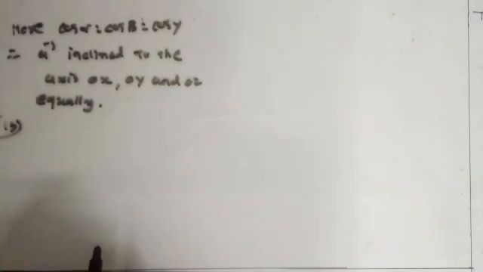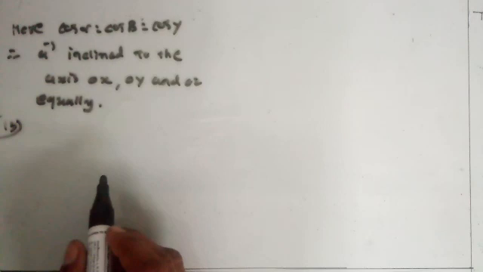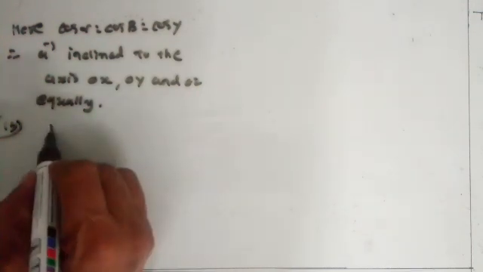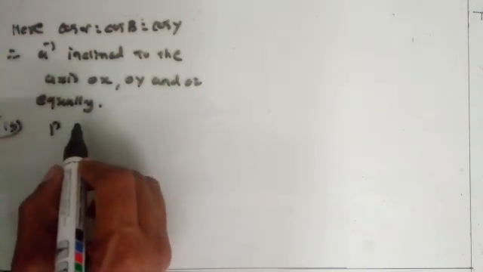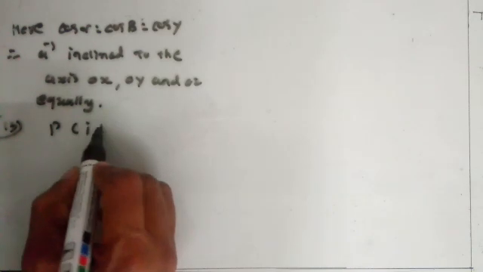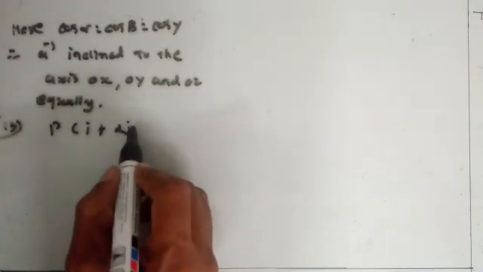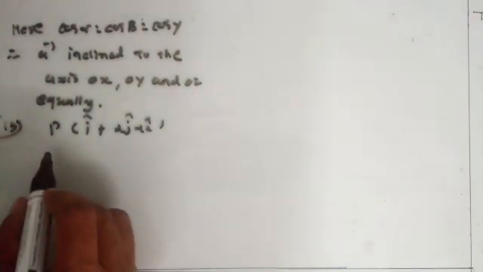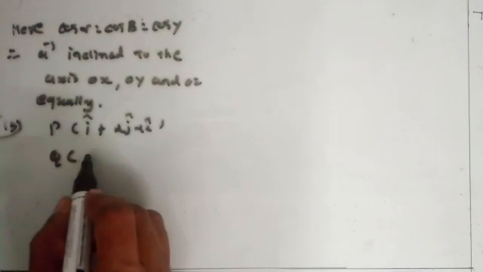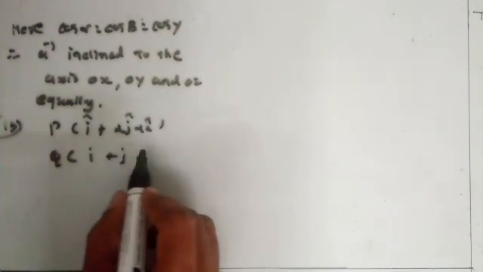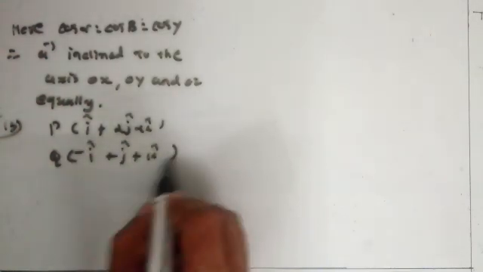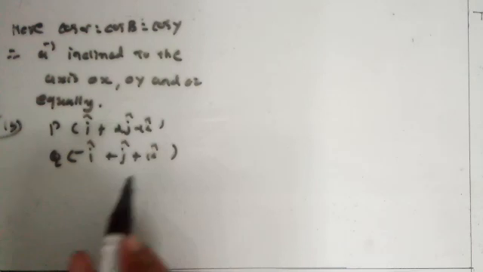Now question number 15. Find the position vector of R which divides the line segment joining points P and Q. The position vector of P is i + 2j - k, and the position vector of Q is -i + j + k.